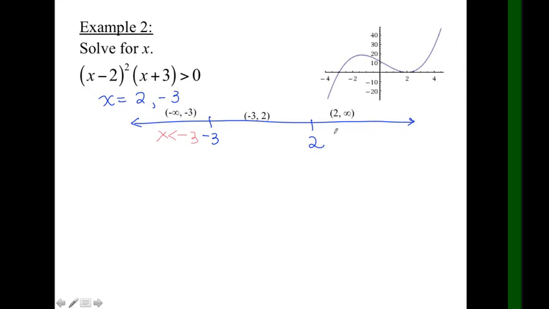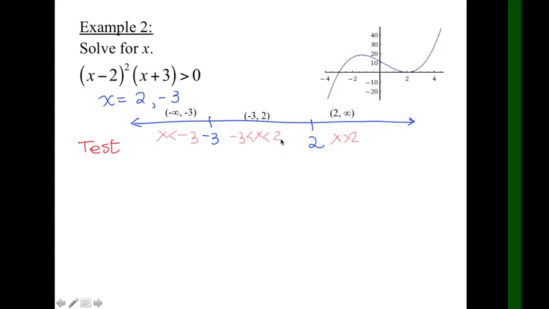And then that is x is greater than 2. And for this one, x is greater than negative 3 but less than 2. So what are the numbers na kukunin natin doon?